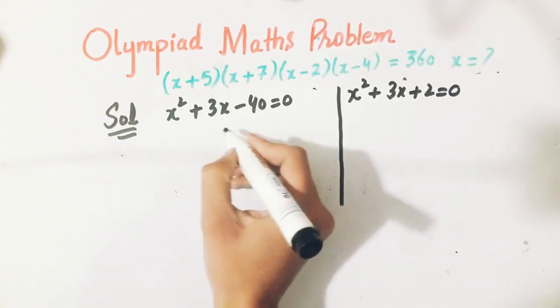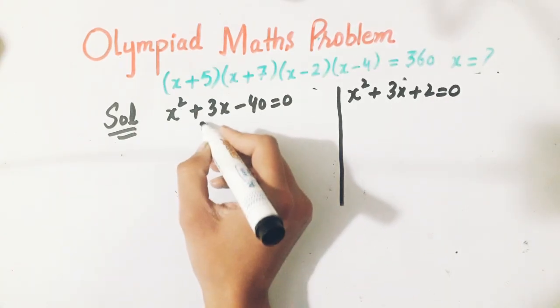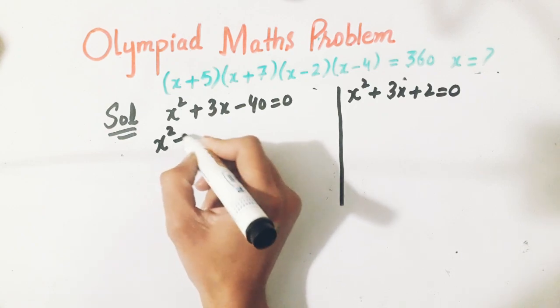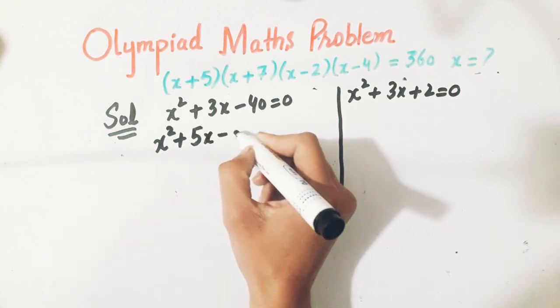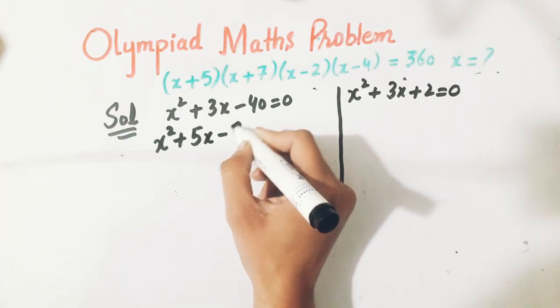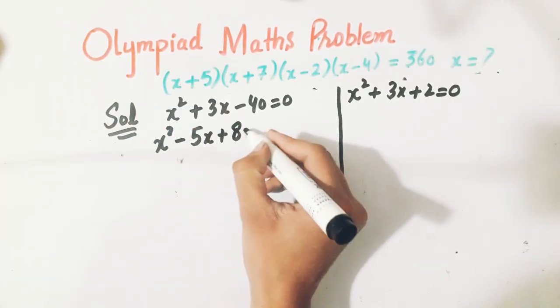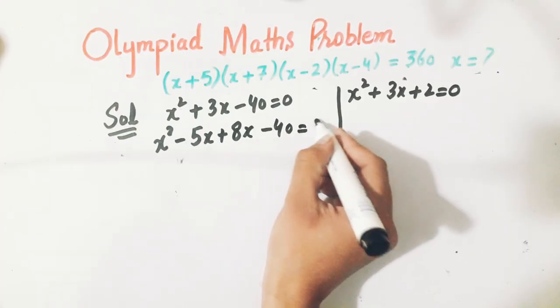So we will write the factors of 40 such that when they are subtracted give 3. So the factors of 40 are x square plus 8x minus 5x minus 40 equals 0.